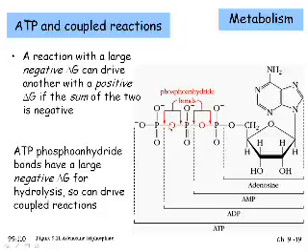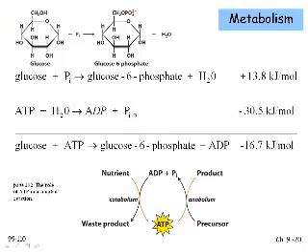Because their hydrolysis has a large negative delta G, and if we can couple that somehow to what we do want to have happen, we can use ATP hydrolysis to make other things happen. And this is just a very common example of it. This is the first reaction in glycolysis. You've got glucose and an inorganic phosphate going to glucose 6-phosphate. That is not a very likely reaction.